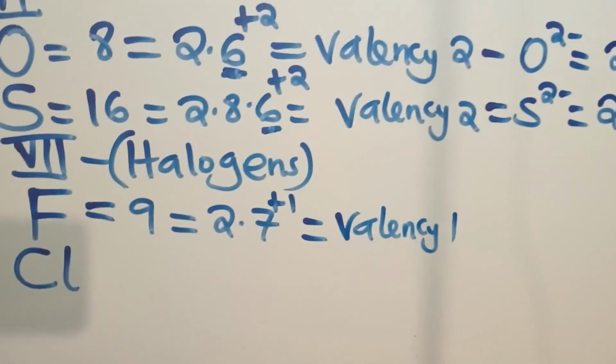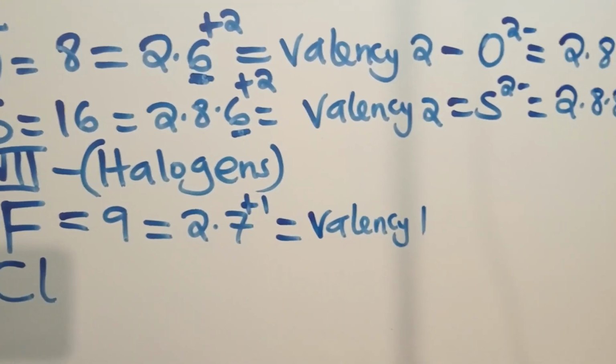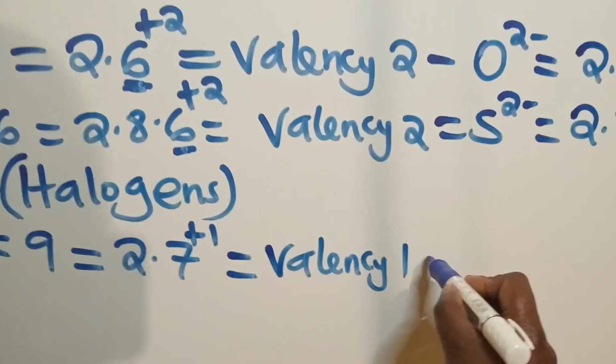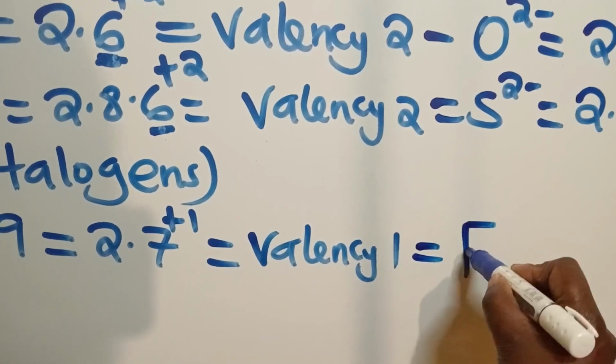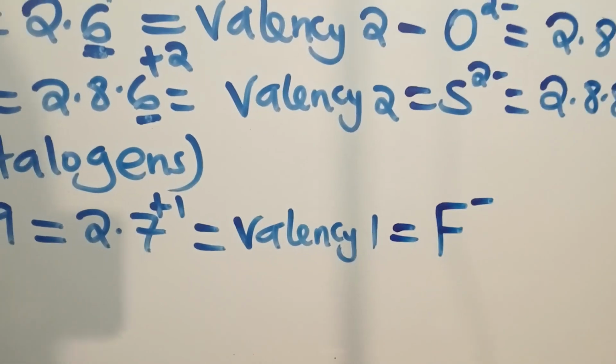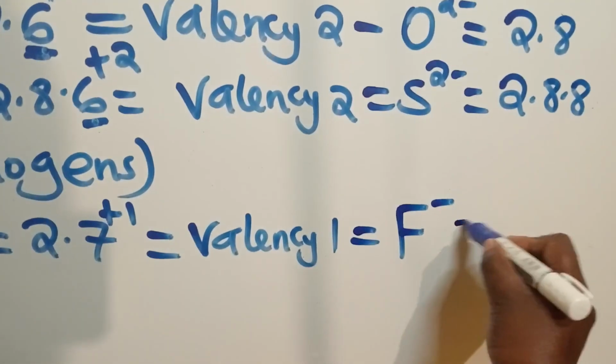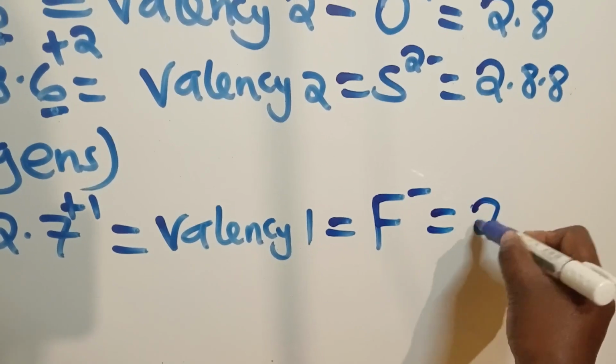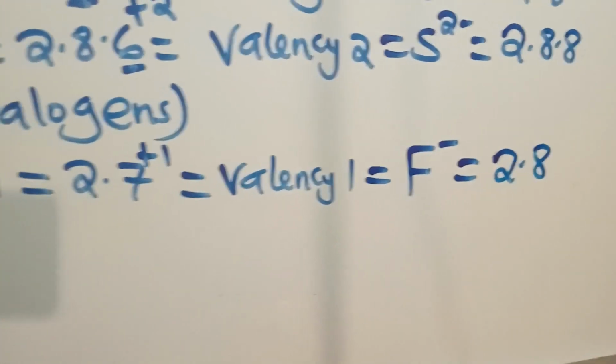So you check on how many it requires to gain. So valency 1, it will form fluoride ion once it has gained 1, and the ionic configuration will be 2.8.